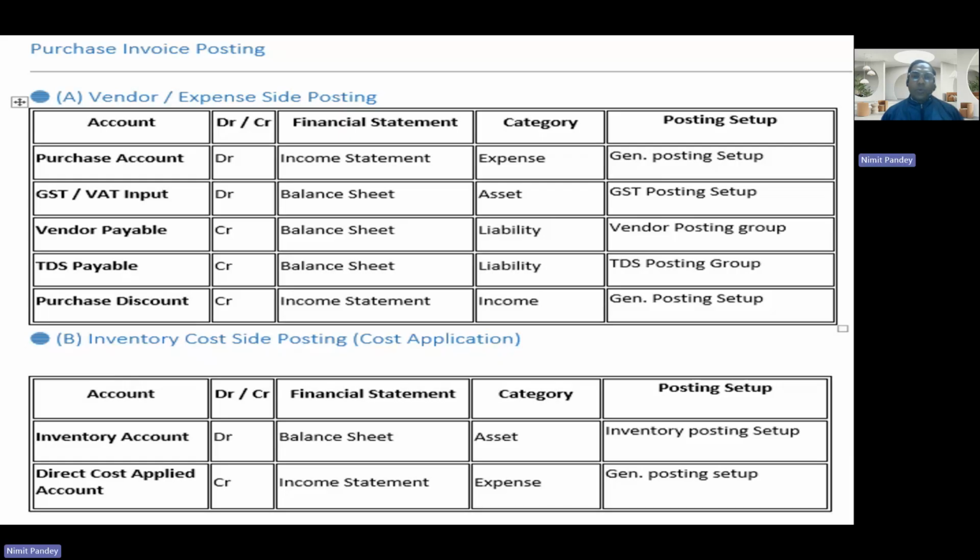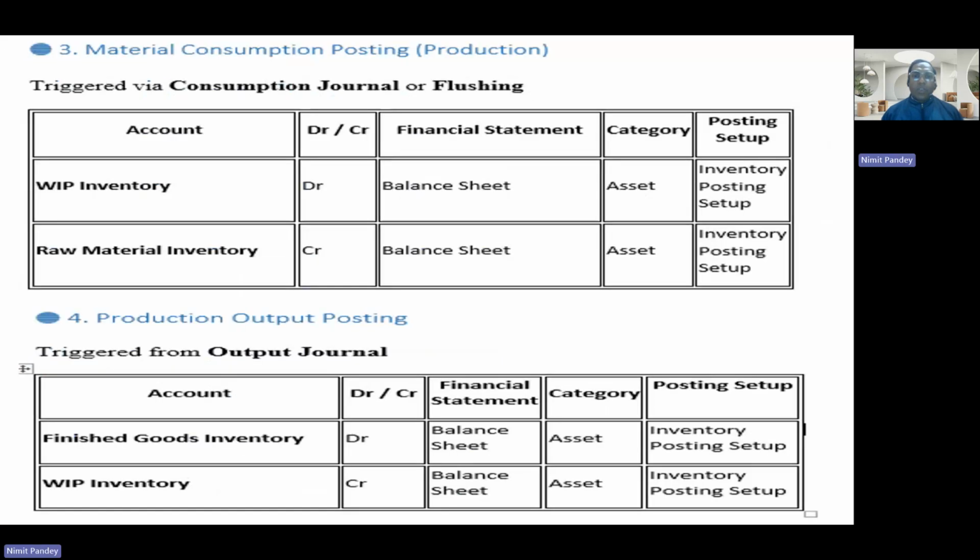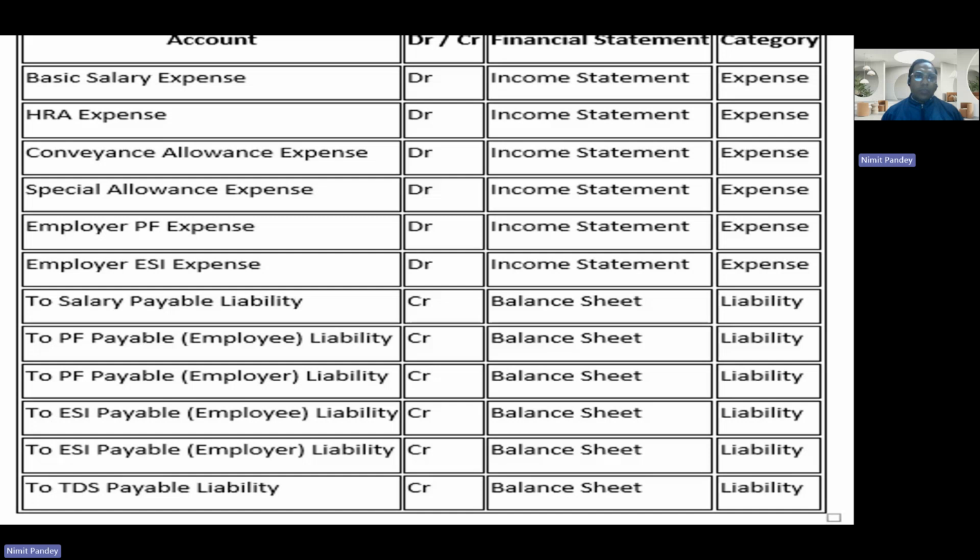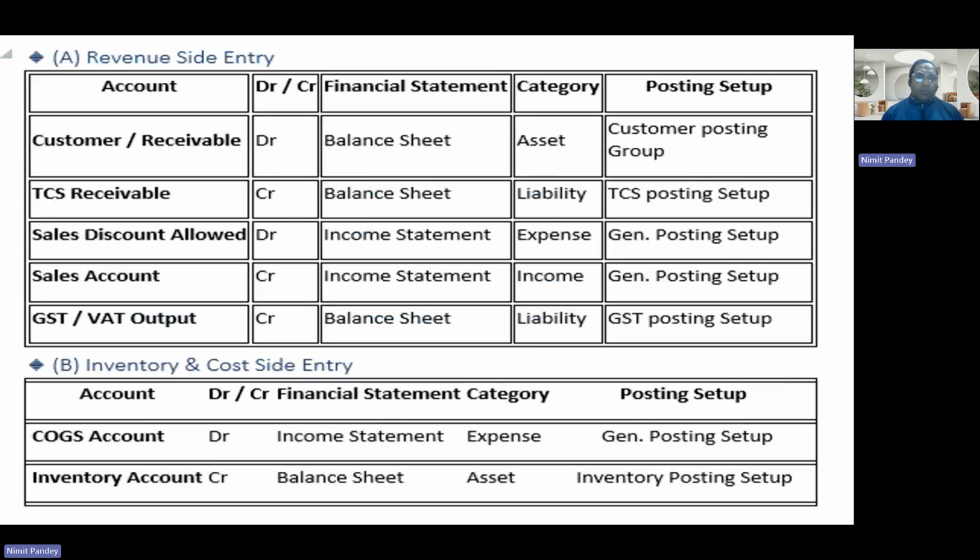So whenever we post the goods receipt note, then you have to learn this. I did not create a slide for that, but at that time the inventory accrual account entry will be debit, and the inventory account entry will be credit, and it updates the expected cost at that time.